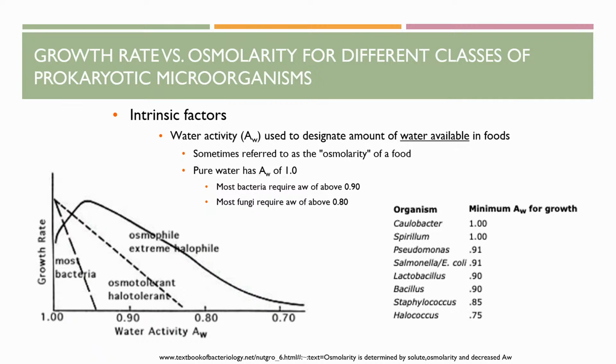So most bacteria will need a high water activity rate in order to grow, but then there are certain ones that can still grow even after the water availability is lower. Any questions on this?